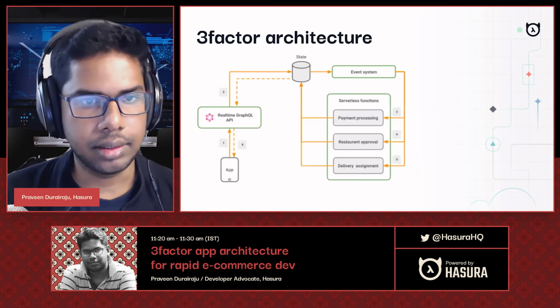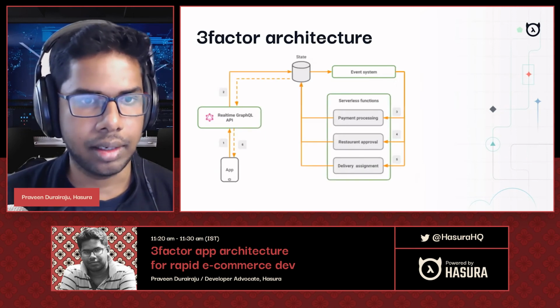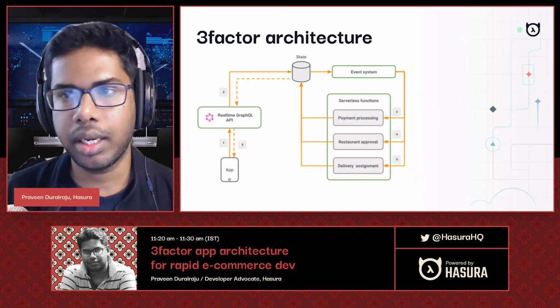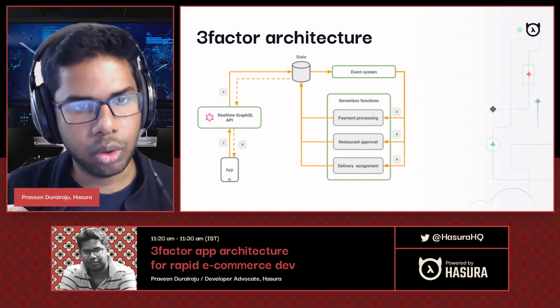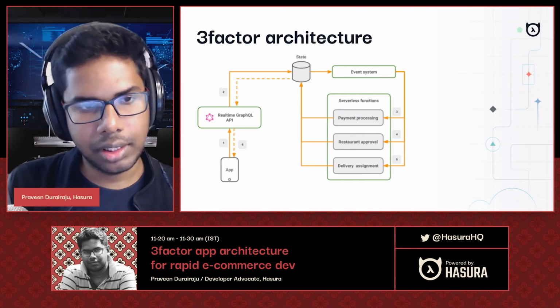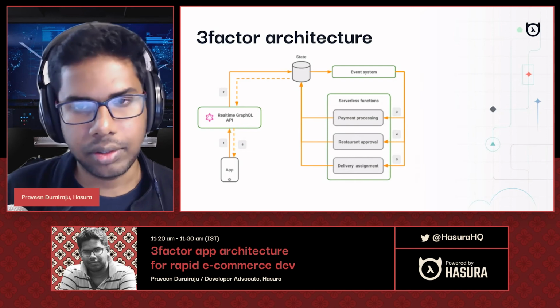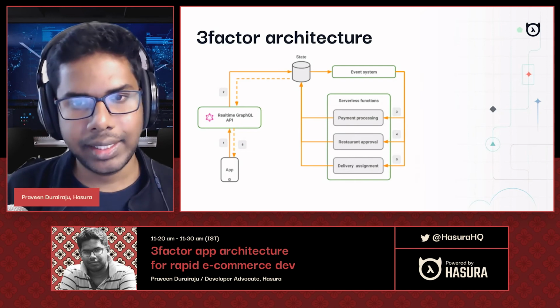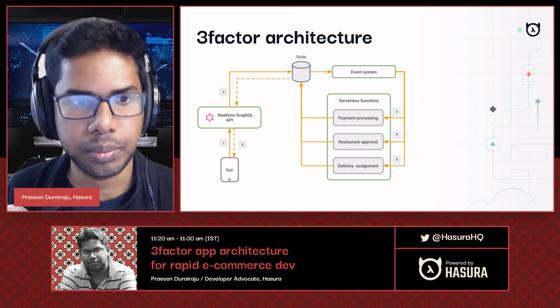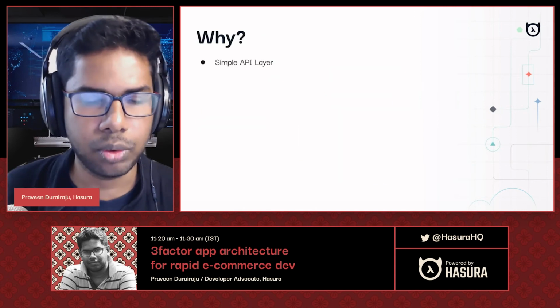Look at the architecture now. This is the new 3-factor architecture where you have the application, you have the real-time GraphQL API connected, and then you have the whole event system attached to it. The heavy lifting of custom logic has now been shifted from the microservices to an event system, which takes care of reliability and guarantees the delivery of events, right? So why move to this?